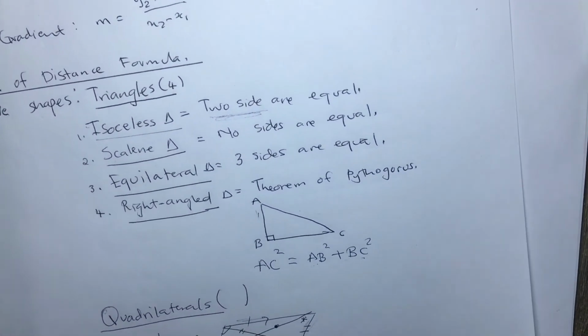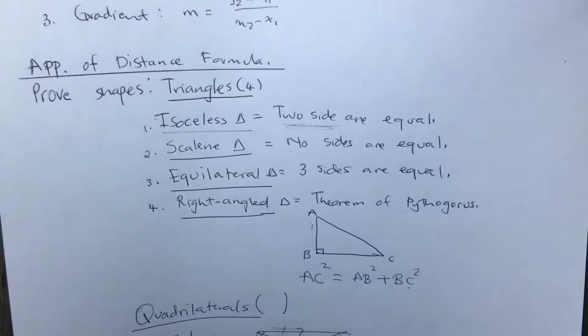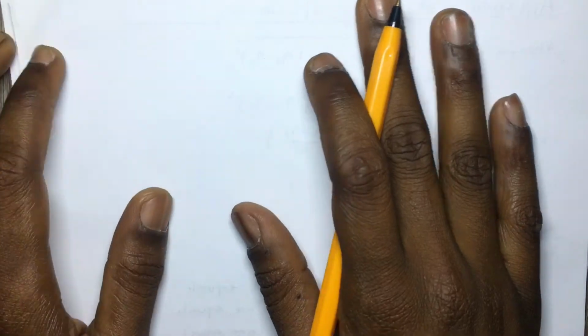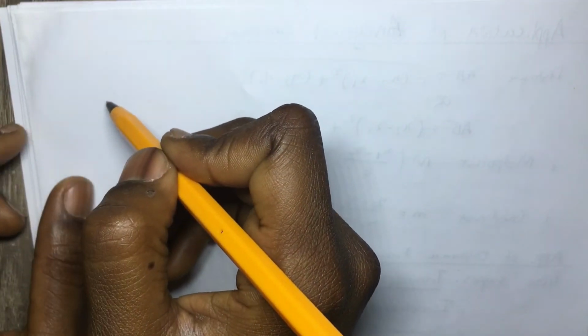So let's do one question, because I feel like I've been talking a lot without proving my story. We're going to do 2 questions under each, and then that will be about it for this topic.